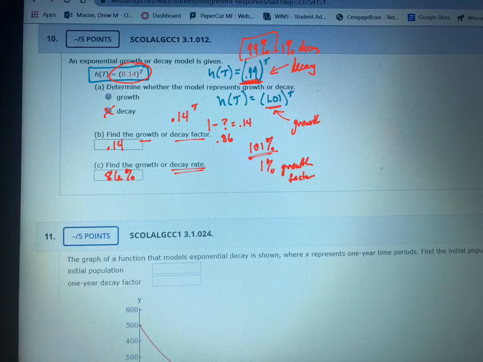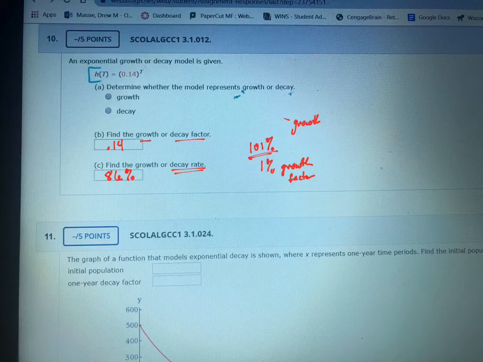So let's try another problem. What if this problem had said 1.08 to the t? What would the answer be for that? Yeah, that would be a growth. So I'm going to make that in purple. That would be a growth.